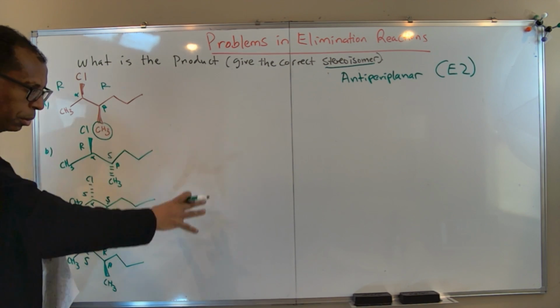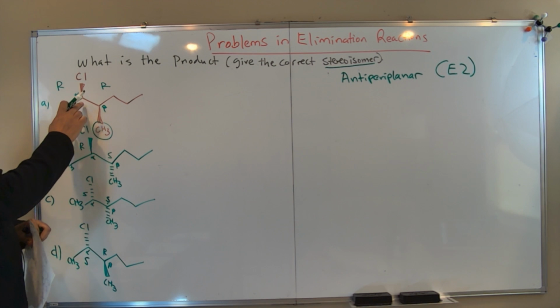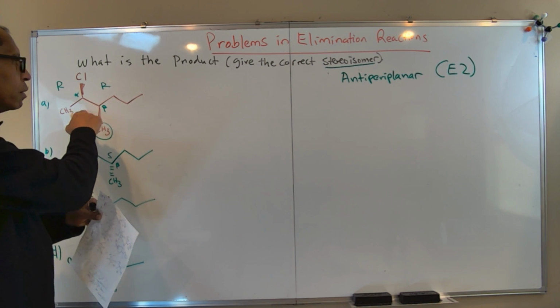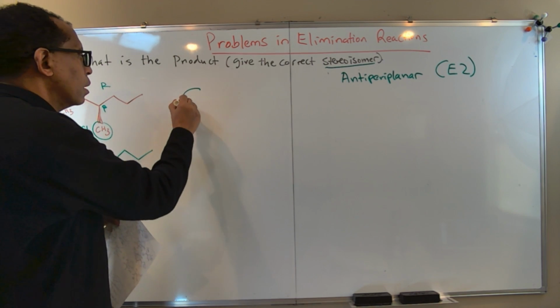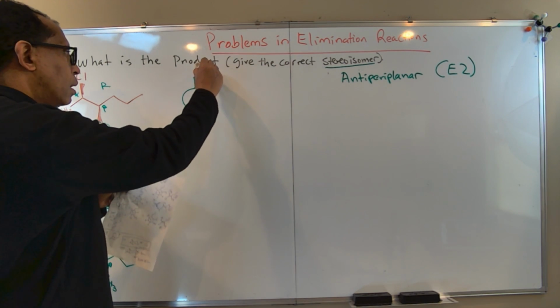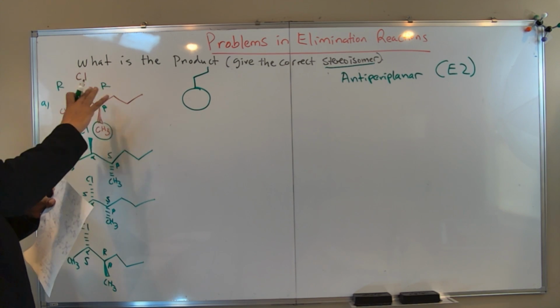So I will draw each one of them as arranged by free rotation, which is possible. So the Newman projection for the first one, I will draw it on a very small scale. That is a propyl chain. That is the back carbon.